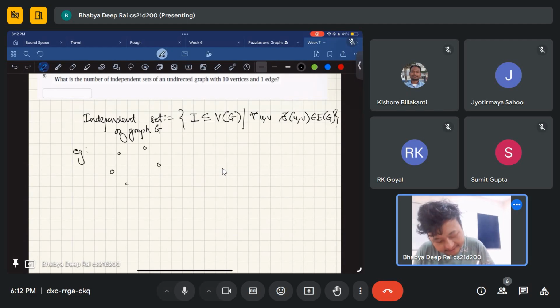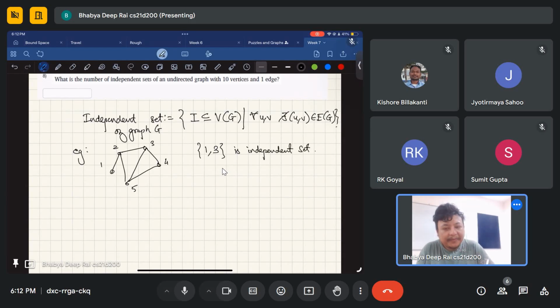For example, here is a graph, and I'll call the vertices 1 2 3 4 5, with edges something like 1 2, 3 4, 3 5 and so on. {1, 3} is an independent set because there is no edge between 1 and 3.